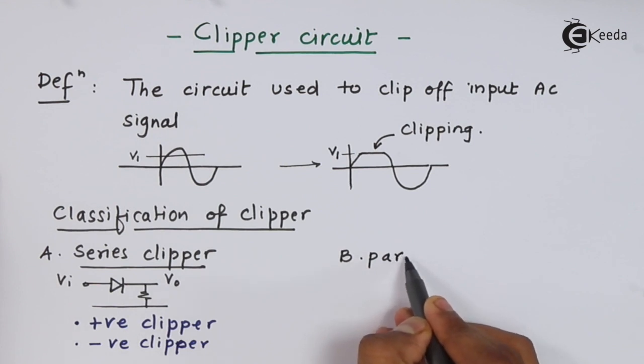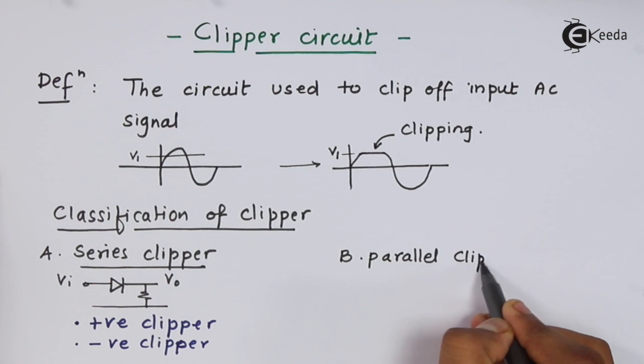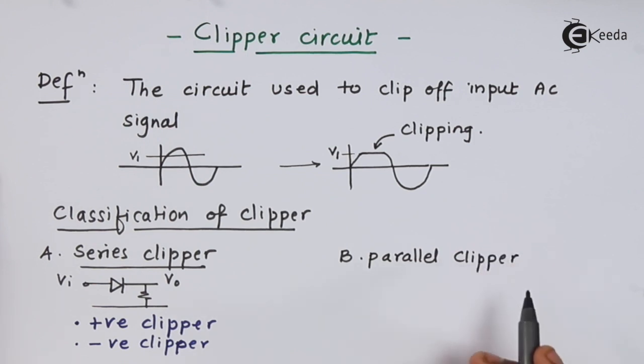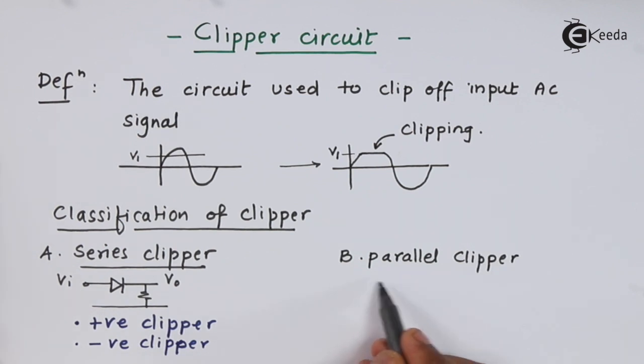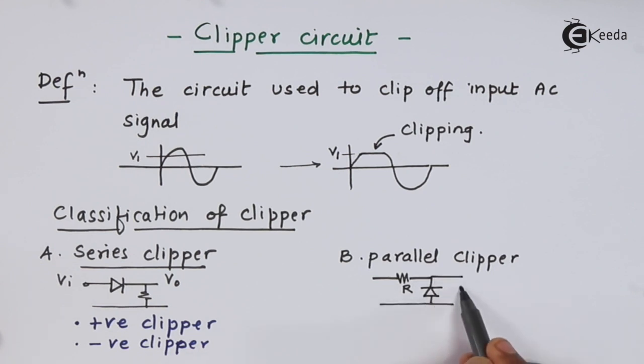As with the series clipper, we can easily get to know how the circuit will look when the diode is placed in parallel between input and output, that is nothing but your parallel clipper. Here I can draw the diagram. Just change the placement of resistor and diode: resistor instead of diode, and diode instead of resistor. So that will give you the parallel clipper.